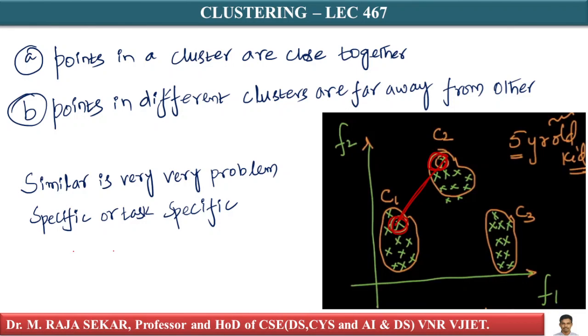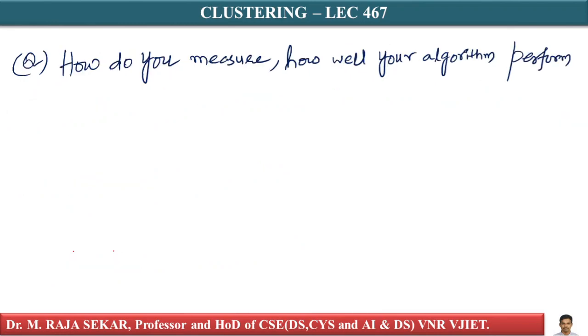From a mathematical standpoint, all you are given are xi's, capital D equal to xi; there are no yi's. Now the big question that we will answer in future videos: how do you measure how well your algorithm performs?